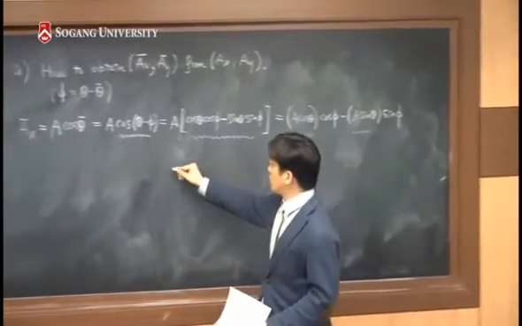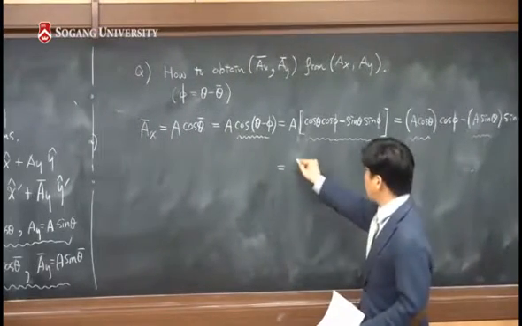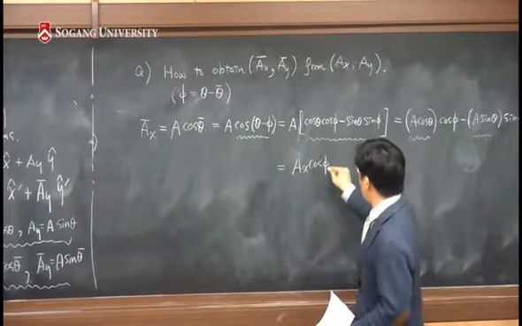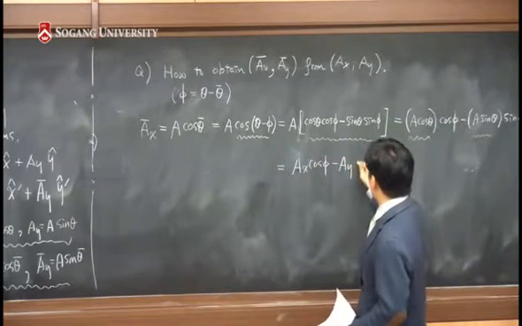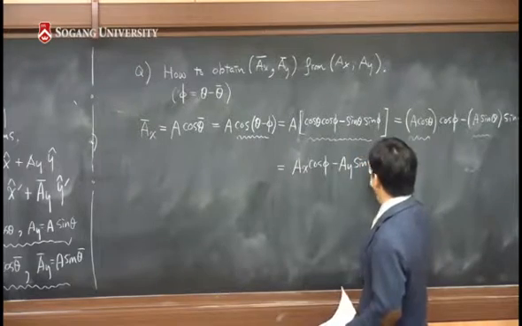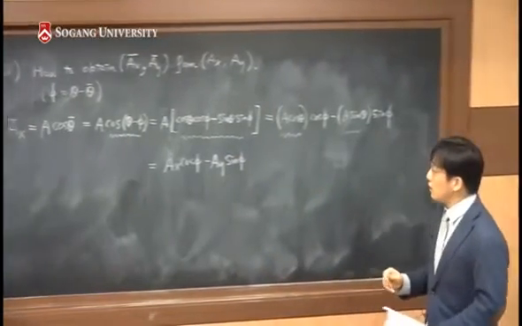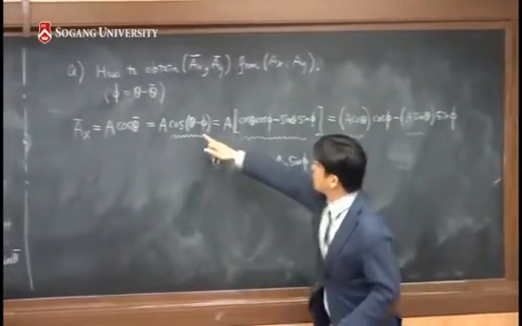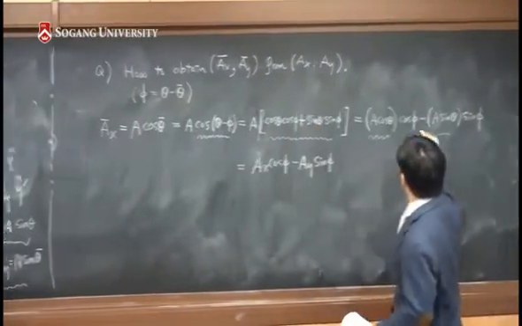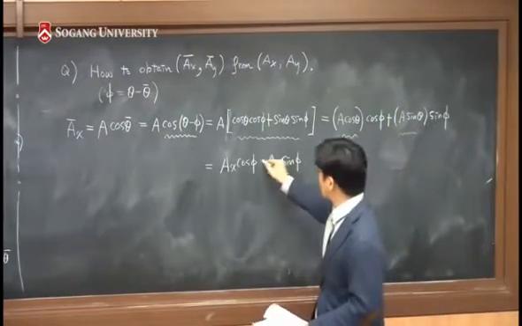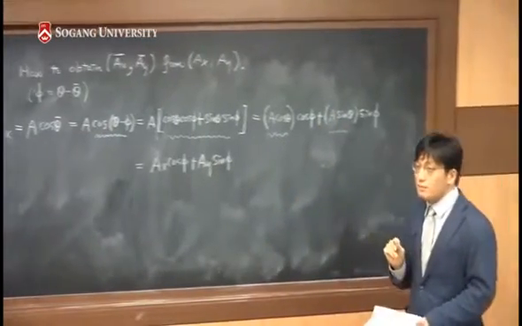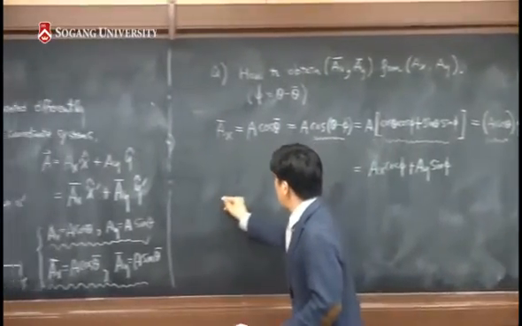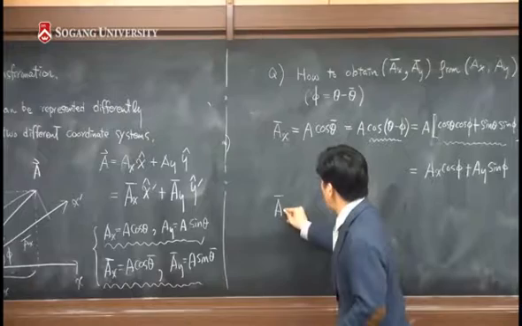So this can be rewritten as ax cosine pi minus ay sine pi. Okay, so this minus must be plus. Sorry about that. Thank you for the correction. And the same thing can happen for the case of ay bar.